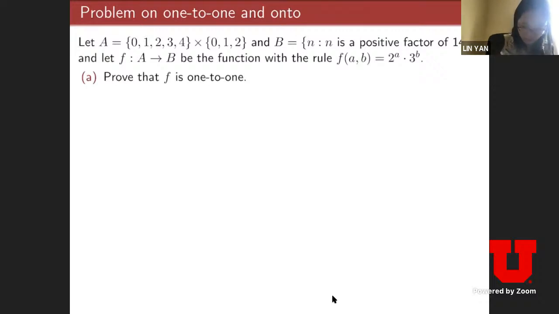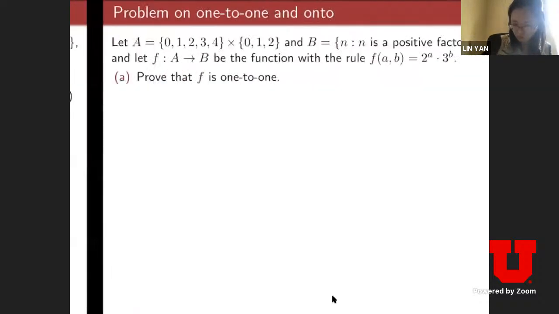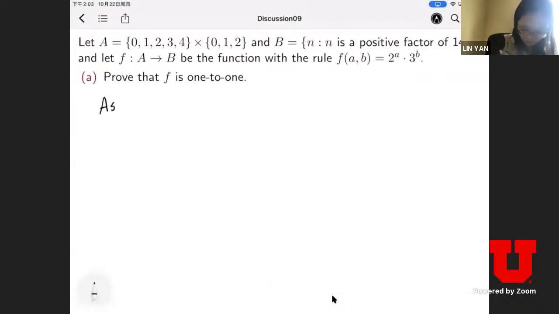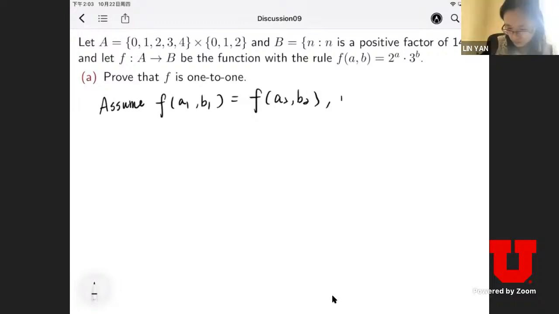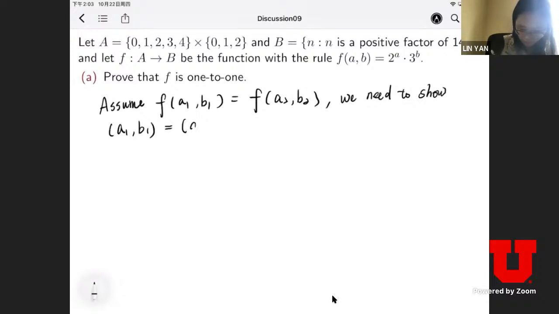So we can assume f(a1, b1) is equal to f(a2, b2). And we need to show (a1, b1) is equal to (a2, b2). This is the main idea of proving a function is one-to-one.